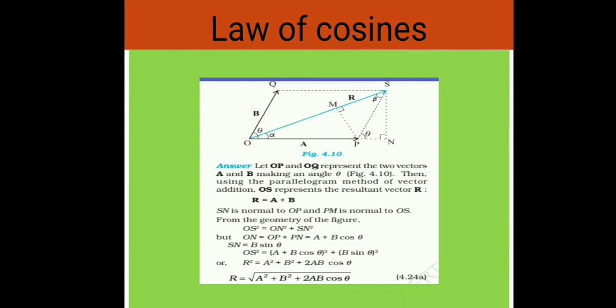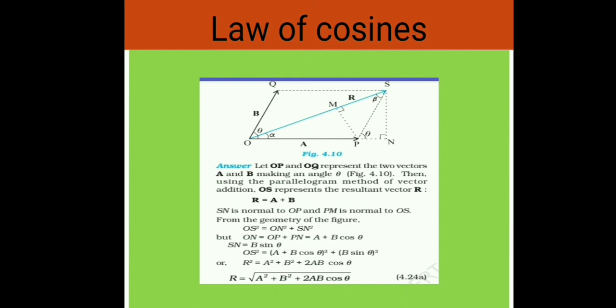Now, in this diagram, let OP and OQ represent the two vectors A and B which make an angle theta. Then, using the parallelogram method of vector addition, OS represents the resultant vector R, that is R equals A plus B. Now SN is normal to OP and PM is normal to OS.